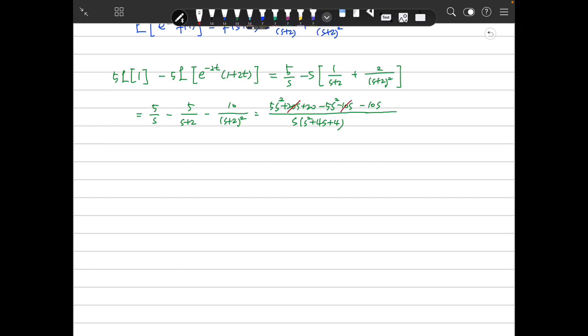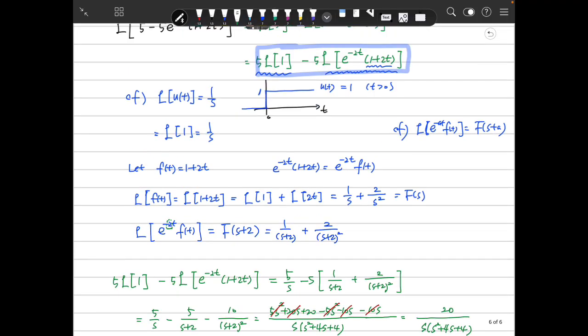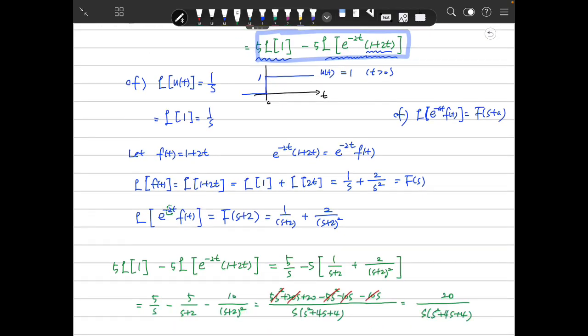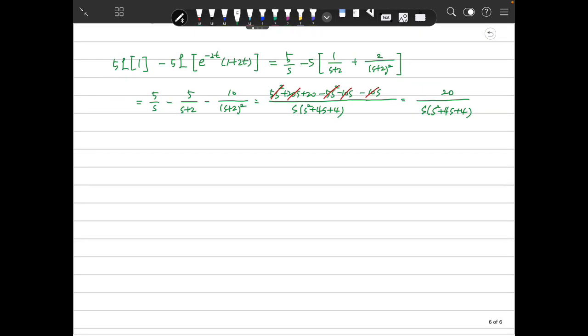So 20s, 10s, 10s, 5, 5. The remaining thing is s squared plus 4s plus 4, 20. This is the Laplace transform of these things in this manner.